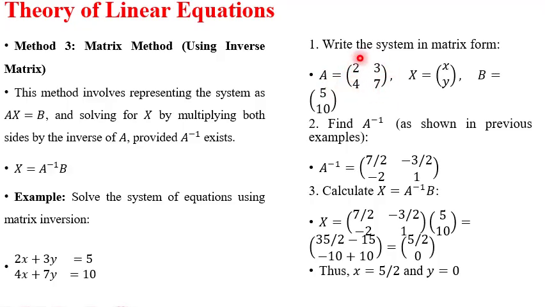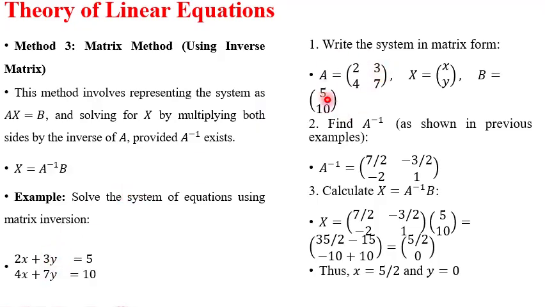Writing the system of linear equations in the form AX equals B, the elements of A represent the coefficients of the variables. The coefficients of variable X are 2 and 4. The coefficients of variable Y are 3 and 7.